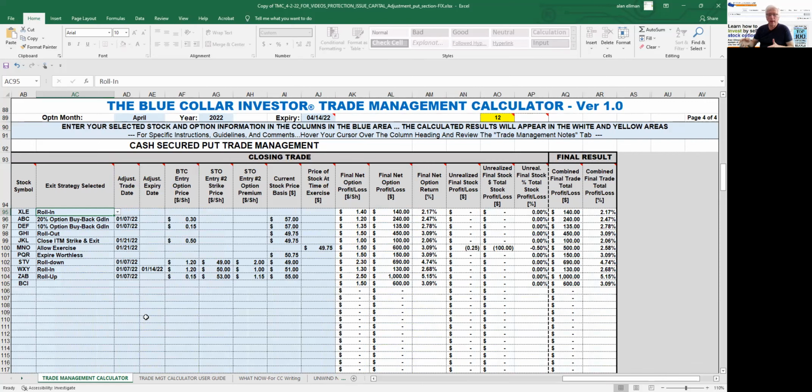We want to avoid that. So we could take that expiration date and roll it in, close out the later date, and open a new date at the same strike and avoid that risky event. So rolling in is a term actually created by the blue collar investor, and we're going to keep on using it, and it is an inherent part of this spreadsheet here.